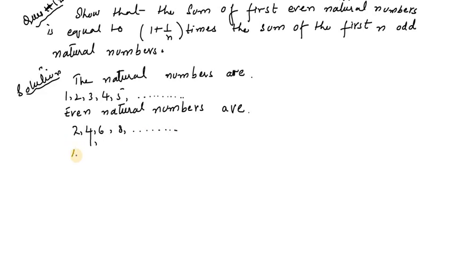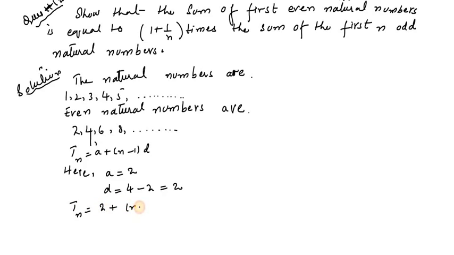First we find the nth term. Tn is equal to a plus n minus 1 of d. In the sequence of even natural numbers, a is the first term, which is 2, and d is the difference, second term minus first term, 4 minus 2 is equal to 2. We put the values in the nth term formula. Tn is equal to 2 plus n minus 1 times 2.